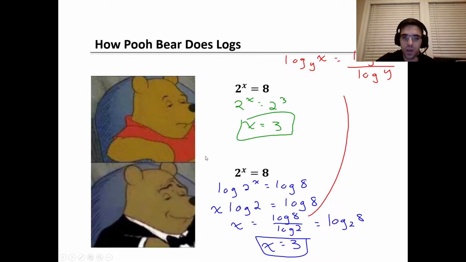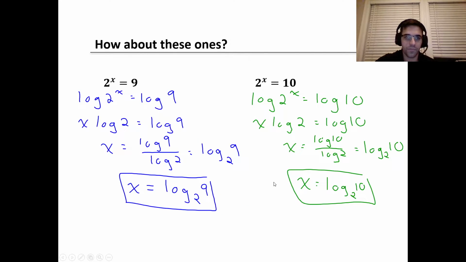Okay, so now the reason why I want to go Fancy Poo is because some of these times the answer is not going to be so intuitive. So if 2 to the power of x equals, instead of 8, equals 9 or 10, well, now x is going to be some decimal number. And Fancy Poo is going to let us do this without using a calculator. So here's how it works.